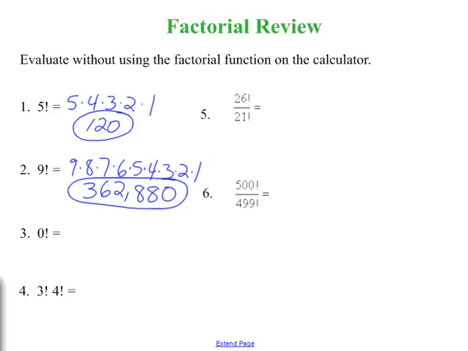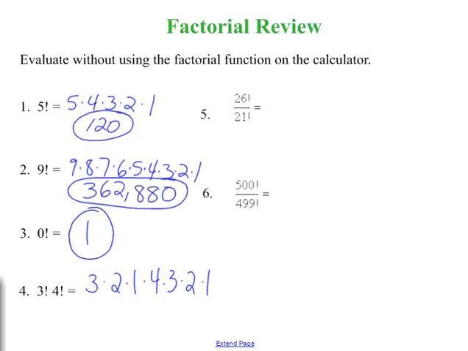Number 3, we have 0 factorial, and interestingly, 0 factorial always comes out to equal 1. Number 4, we have 3 factorial times 4 factorial. Now if we were to write this out, we would have 3 factorial, which is 3 times 2 times 1, times 4 factorial, which is 4 times 3 times 2 times 1.